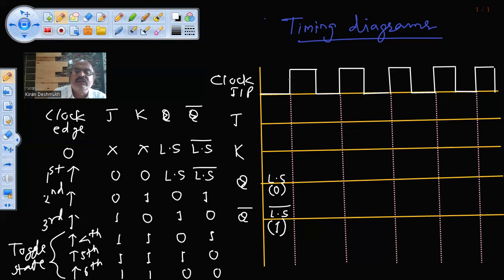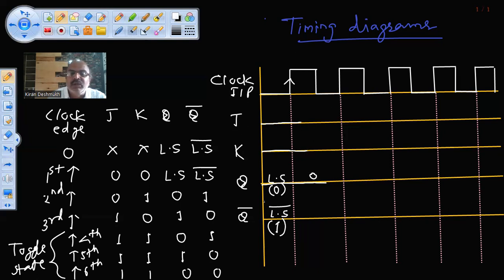Now during the first clock pulse, if J is 0 and K is also 0, Q will remain in the low state, 0 state, correct?